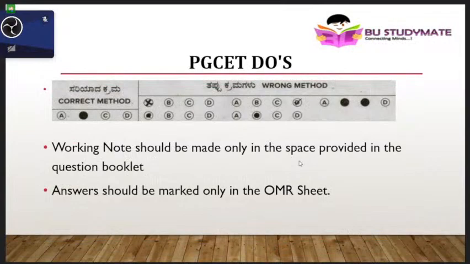But if you need to work it out, you will be given extra space in your question booklet. So you can solve it there, and you will have enough space for doing it. Do it only there. Don't do anything on your OMR sheet. As I told you, it's computer based, so it gets rejected once you spoil the OMR sheet.